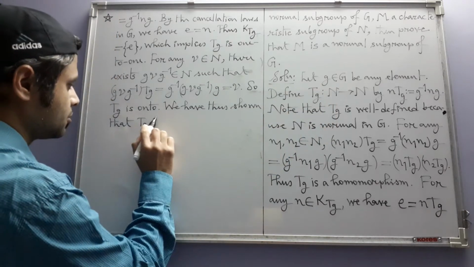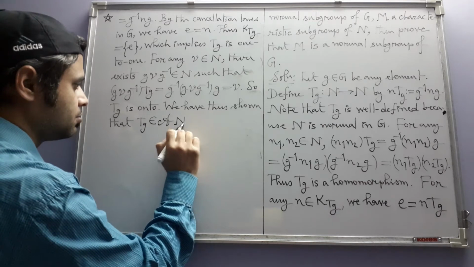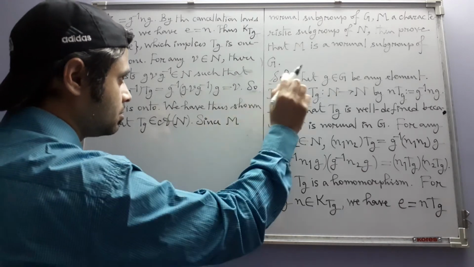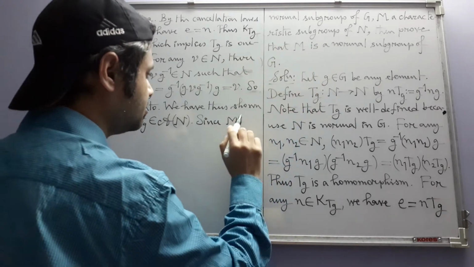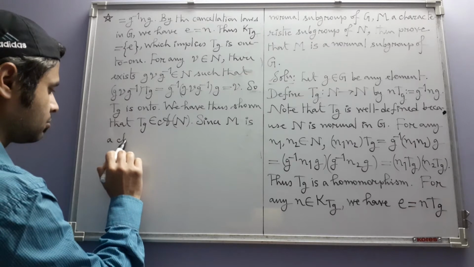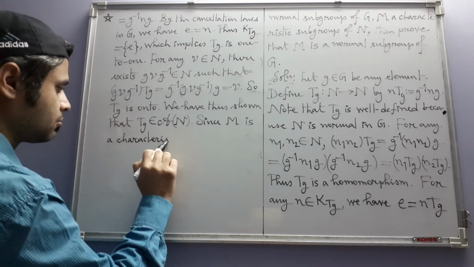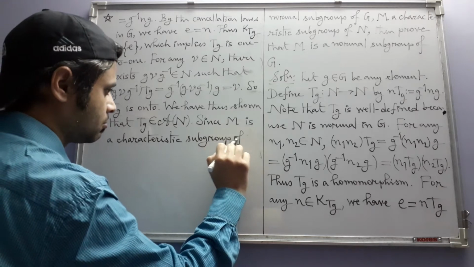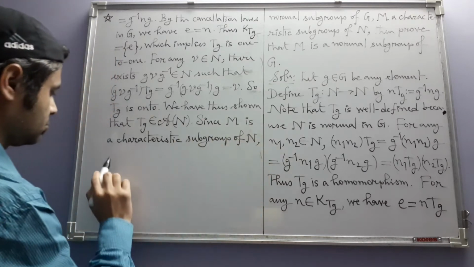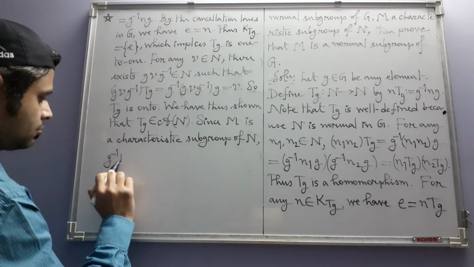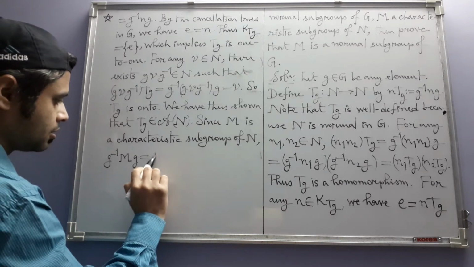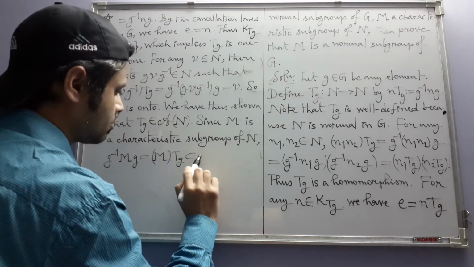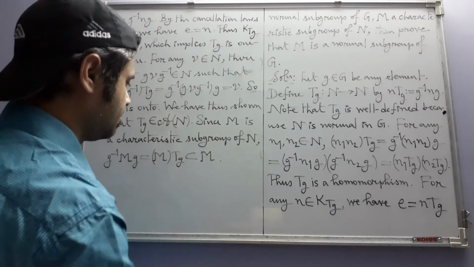N. So this is an automorphism of N. Since M is given to be a characteristic subgroup of N, g inverse M g, which is the Tg image of M, is contained in M itself.